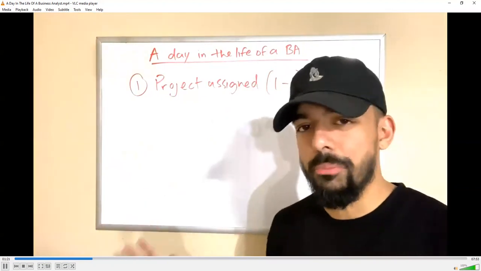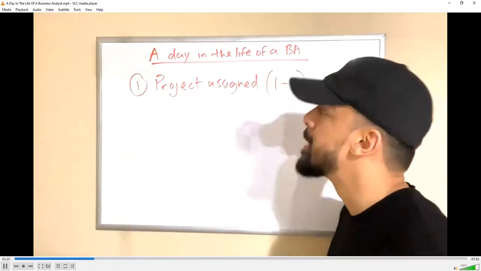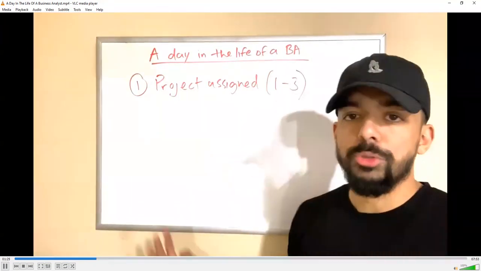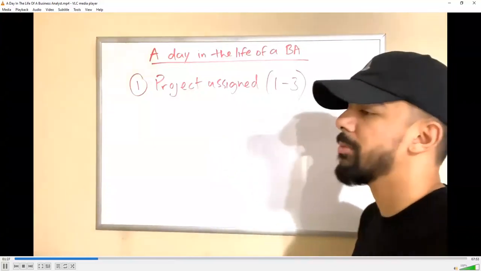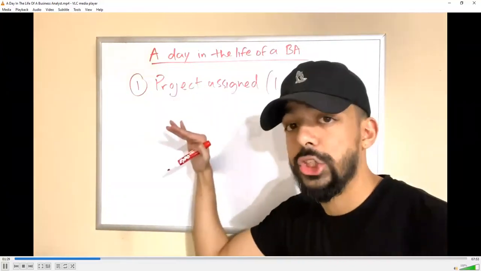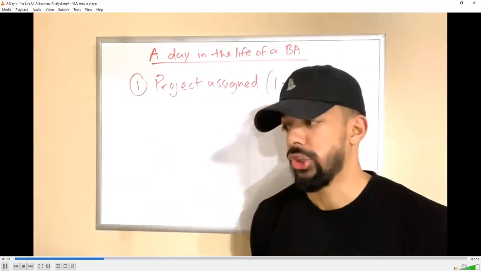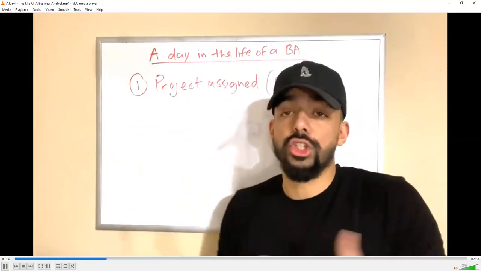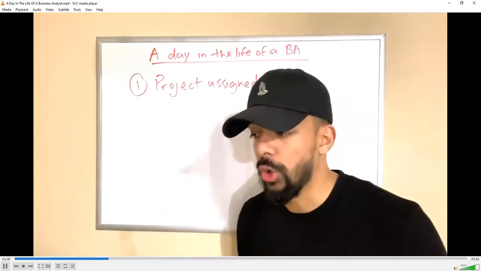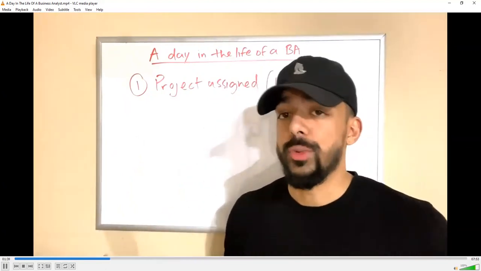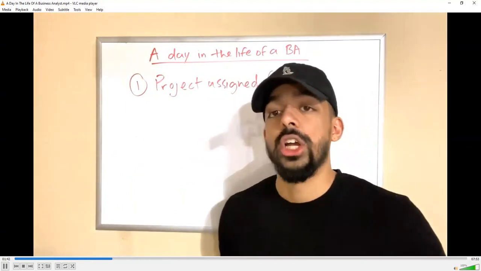It's usually hovering more around 1 or 2 or even 1. But once you're assigned a project, let's assume you have 1 project. You get assigned the project, and now it depends, obviously, on the methodology. Is your project in Agile? Is your project in Waterfall? And again, if you don't know the difference between those 2 methodologies, go ahead and look that up.